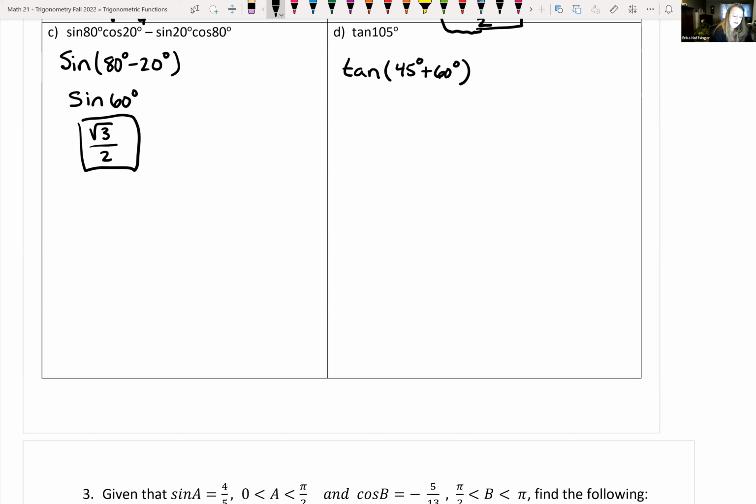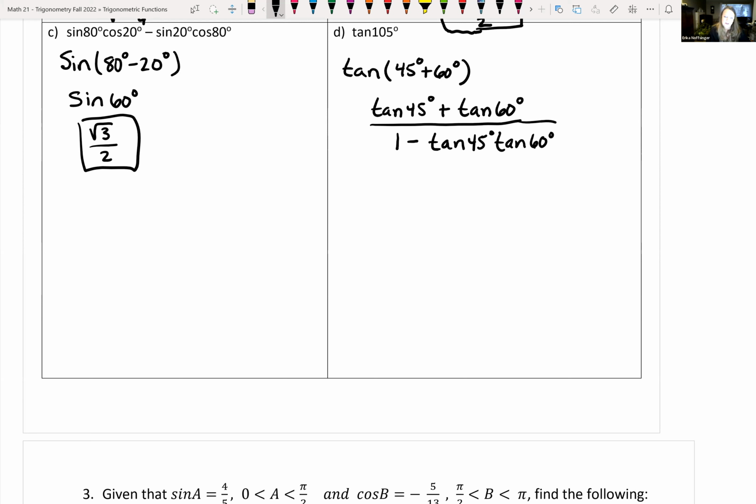That's equal to tangent of the first angle, 45 degrees. Use the same sign in between, the sum of the 2 angles, so plus, tangent of the second angle, 60 degrees, all over 1, opposite sign, so minus tangent of the first, 45 degrees, times tangent of the second, 60 degrees.